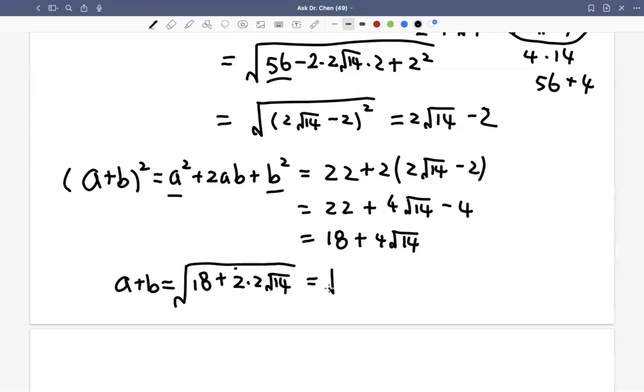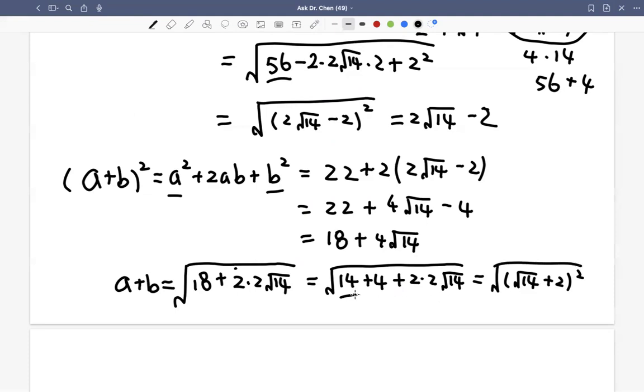Now we split 18 as 14 plus 4. Then the middle term is 2 times 2 square root of 14. So we can write the inside as the square root of 14 plus 2, squared.